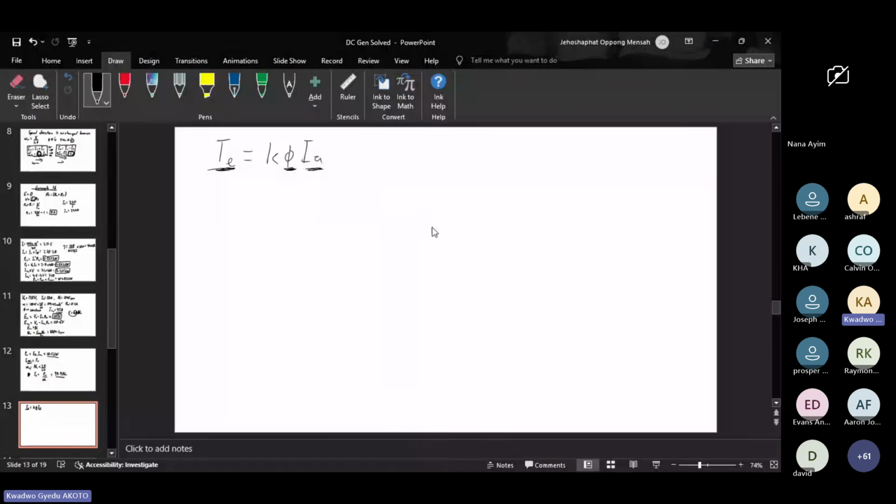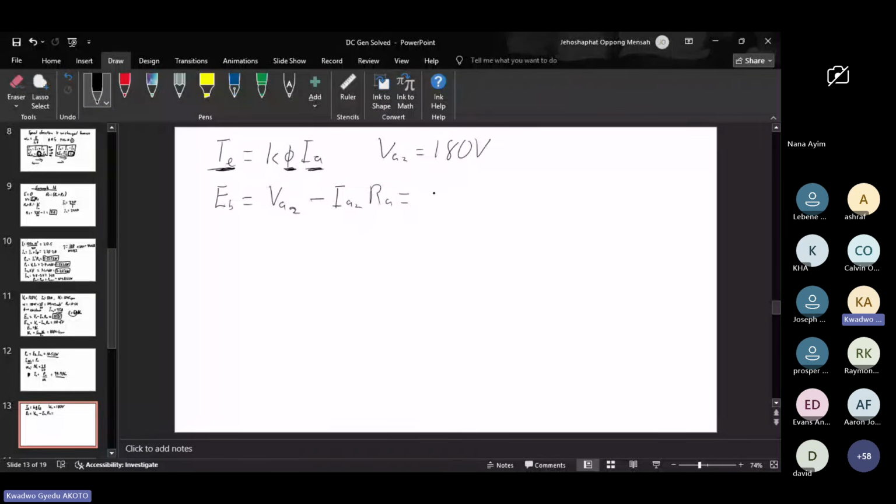So our EB at this new voltage is going to be VA2, which is 180 volts, minus IA2 times RA.